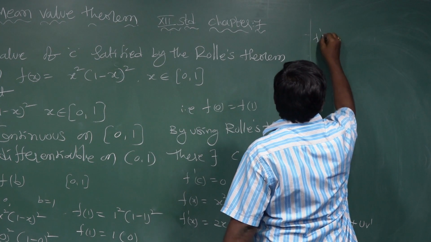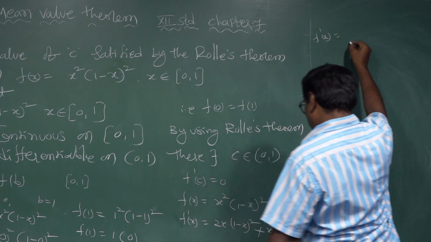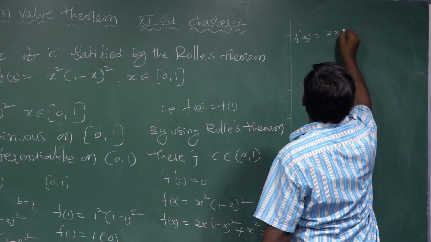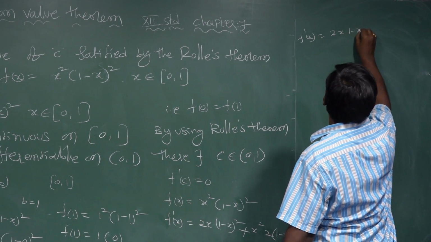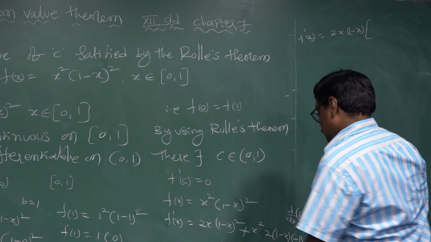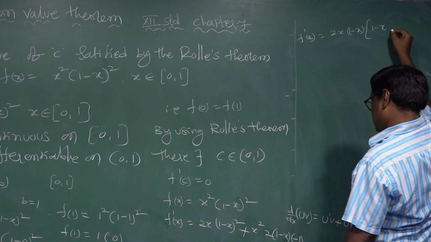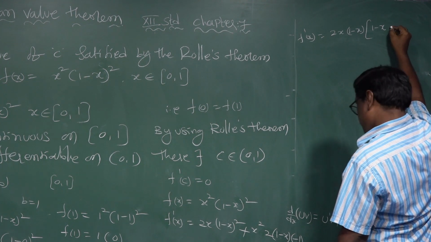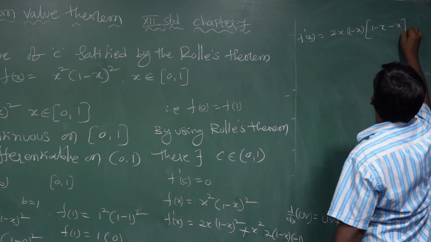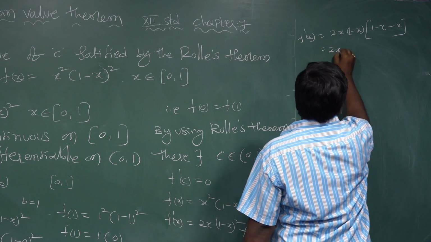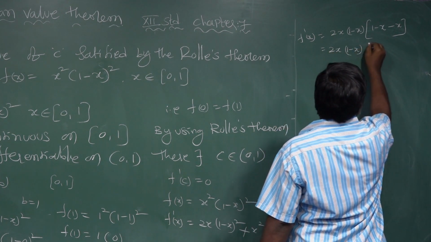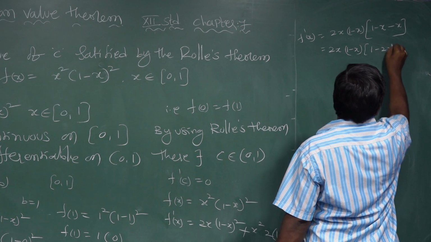Taking the common factor, f dash x equals 2x into 1 minus x into 1 minus x minus x, which equals 2x into 1 minus x into 1 minus 2x.